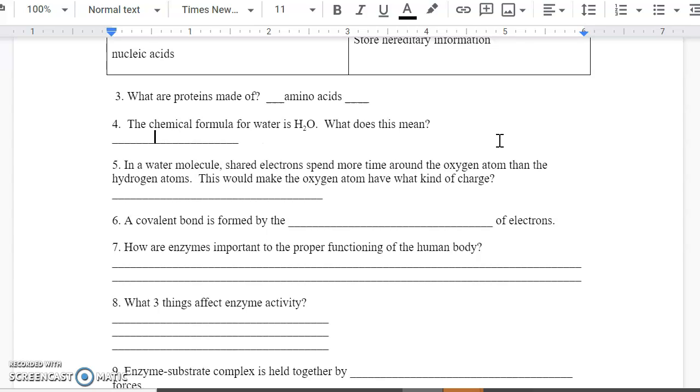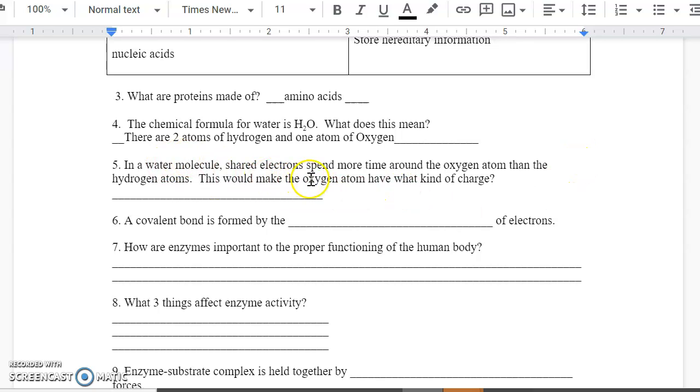The chemical formula of water is H2O. What does that mean? Well, it means that there are 2 atoms of hydrogen and 1 atom of oxygen in a molecule of H2O, water.